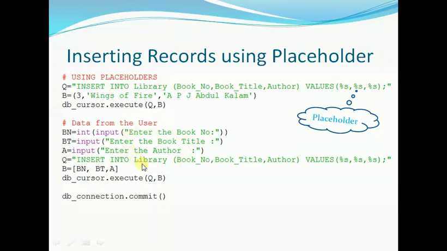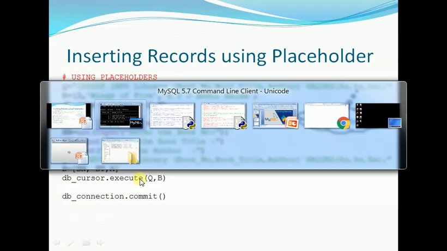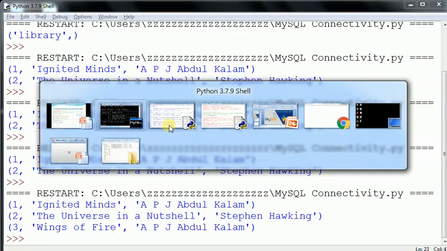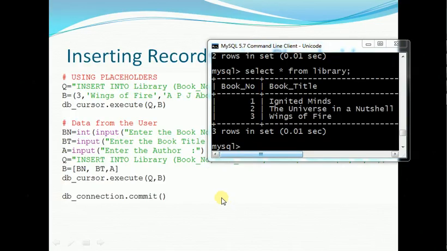From the user we are accepting that, and just using that instead of supplying the values here. So that is happening here in this case. Now let me enter a record using this method. In this way you can do the program. Any records can be entered in this way.